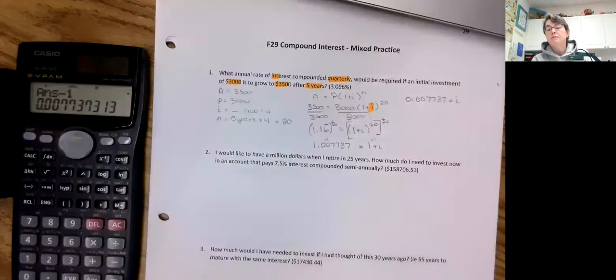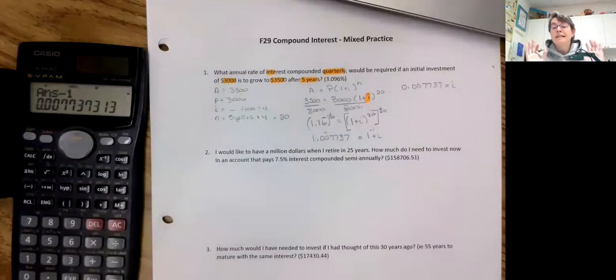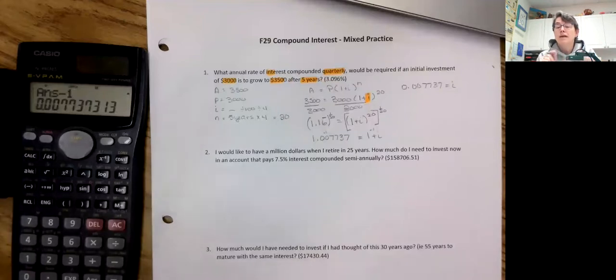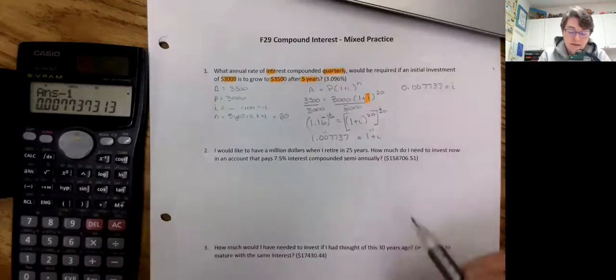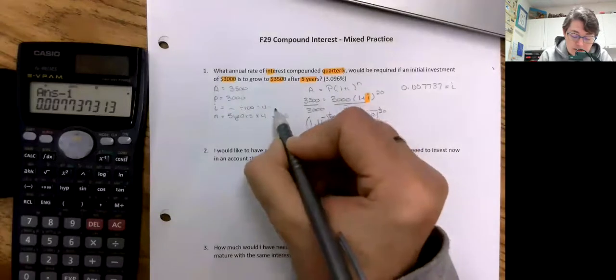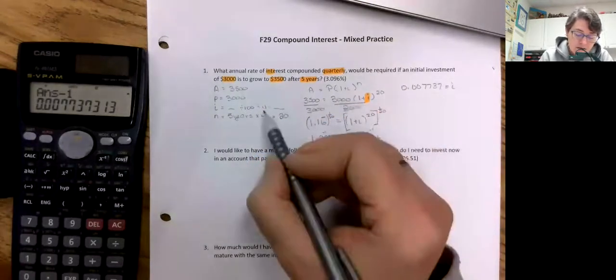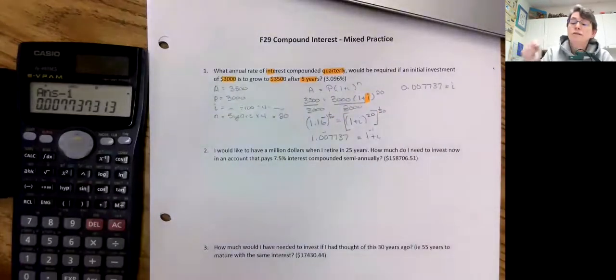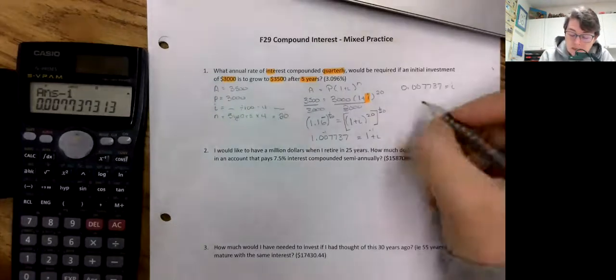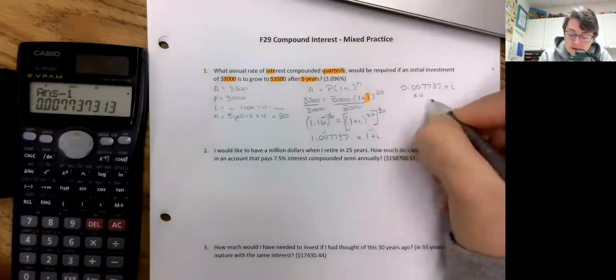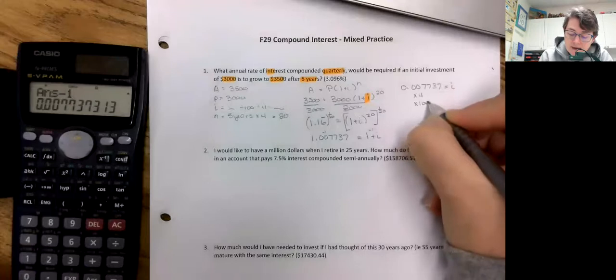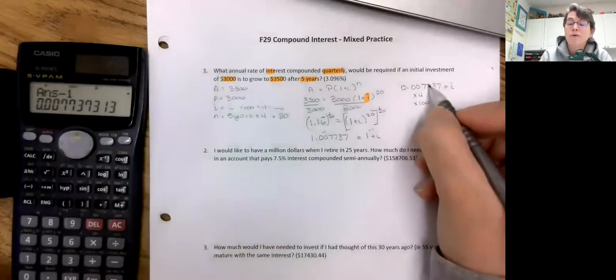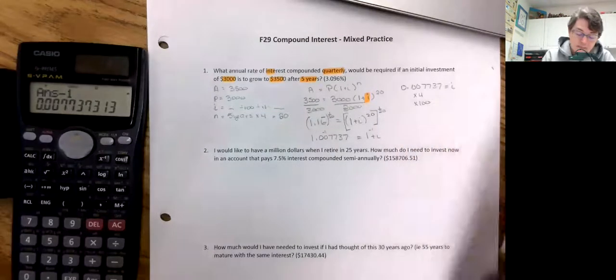Sorry, I'm a little excited. But that is the interest per quarter as a decimal. So in other words, my answer is over here. If I want to get back to the interest per year, I need to multiply it by 4, and I need to multiply it by 100, because by 4 we'll get it per year, and by 100 we'll take it back to a percent.